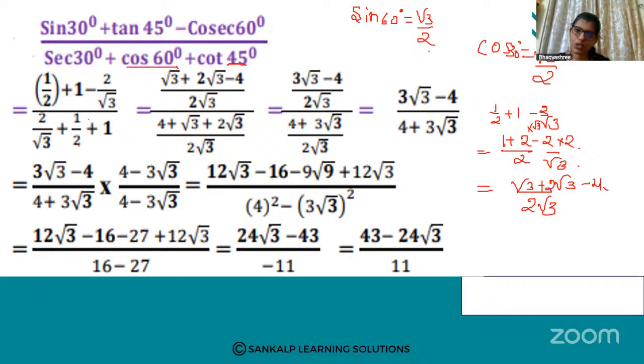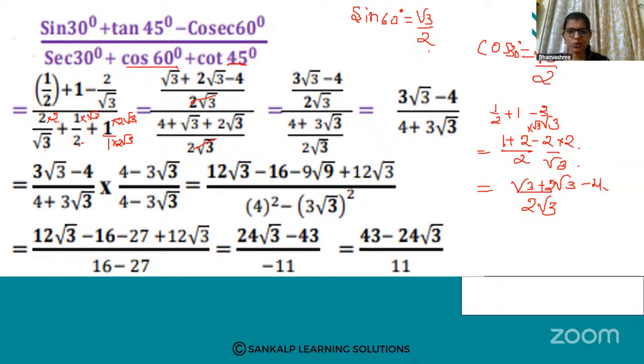So root 3 plus 2 root 3 minus 4 divided by 2 root 3, like that 2 by root 3 plus 1 by 2 divided by plus 1 by 1. Root 3 into 2 is the LCM, so 2 into root 3. Here 2 is not there, so we'll multiply by 2. Here root 3 is not there, so we'll multiply by root 3. 2 into 2, 4, plus 1 into root 3, plus 2 root 3 divided by 2 root 3. 2 root 3 and 2 root 3 will get cancelled.